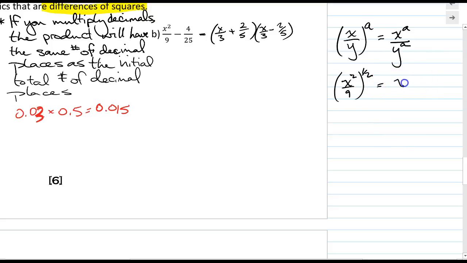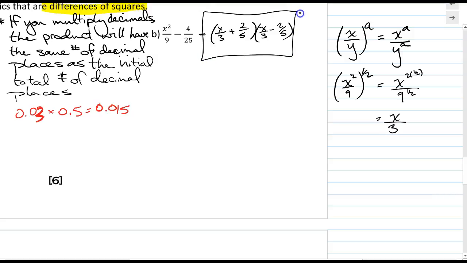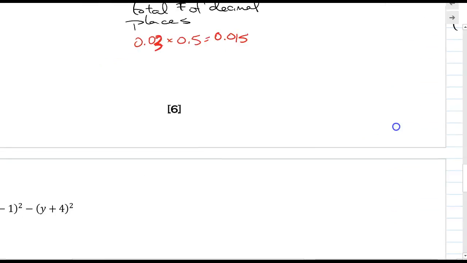So it's like x to the power of 2 multiplied by a half, and 9 to the power of a half, which is the same thing as, well, 2 times a half is 1, so that gives me x. A half is the same thing as the square root, so square root of 9 is 3. So that's how that works. And this is my answer. So of the two, I like fractions better than decimals, but you might have a different opinion.